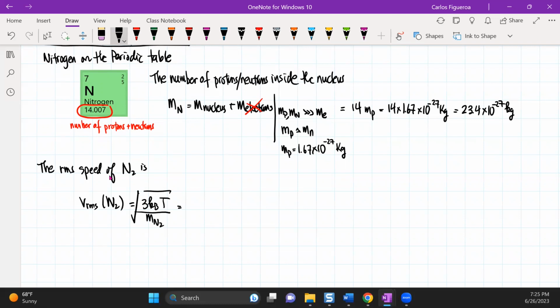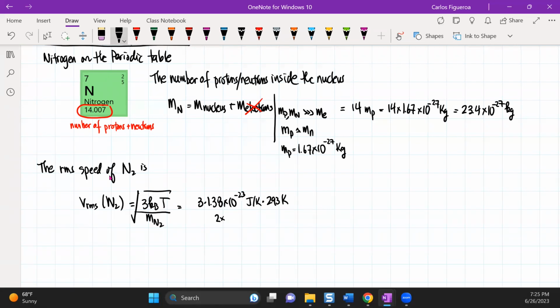So here I go. This is going to be 3 times the Boltzmann constant, which is 1.38 times 10 to the minus 23 joules per Kelvin. And then the room temperature is 293 K. And then the mass of nitrogen is 46.8. Remember, I've got to multiply by 2. Maybe I should just write this out instead of multiplying in my head.